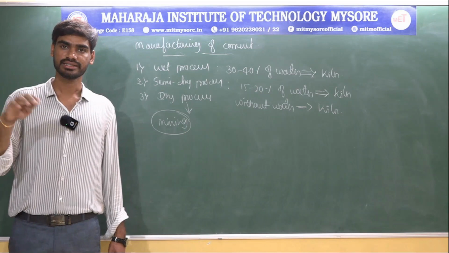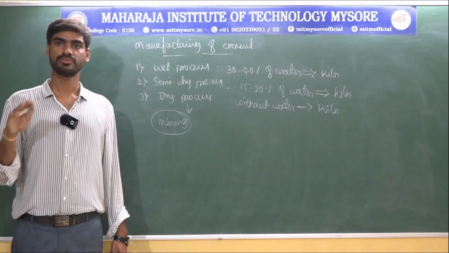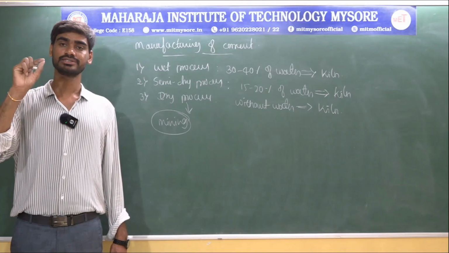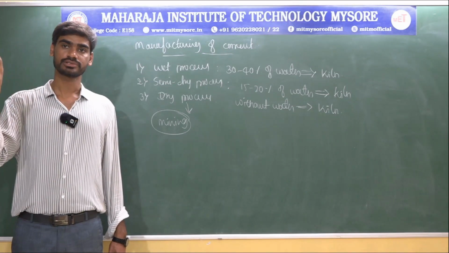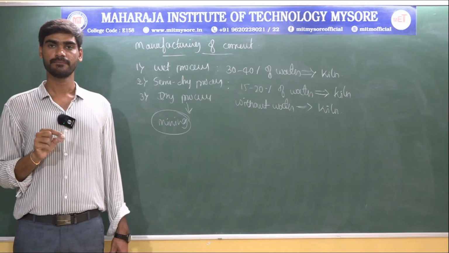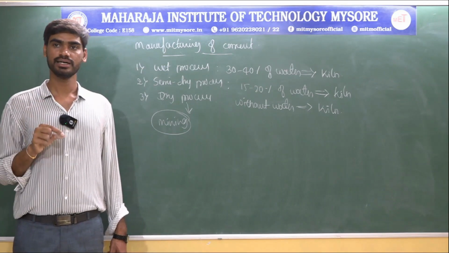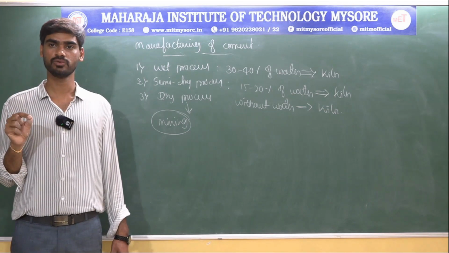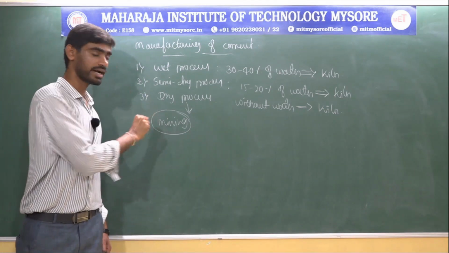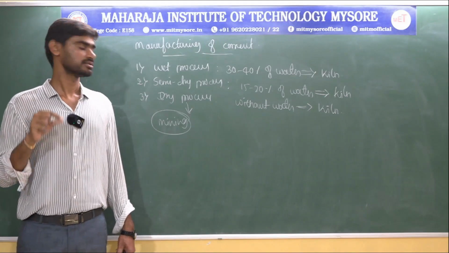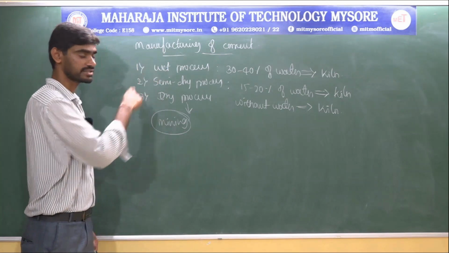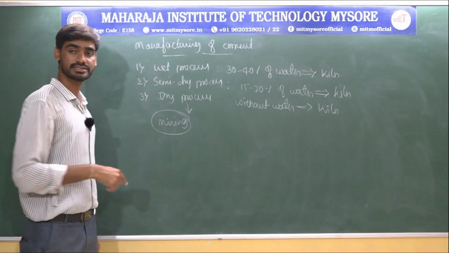All the ingredients required, such as limestone as a source for calcium oxide CaO, silica SiO2, alumina Al2O3 and iron oxide Fe2O3, first need to be mined from the earth crust.